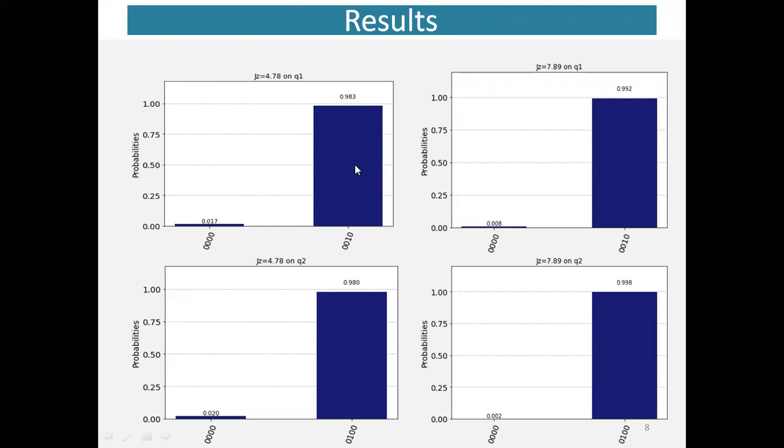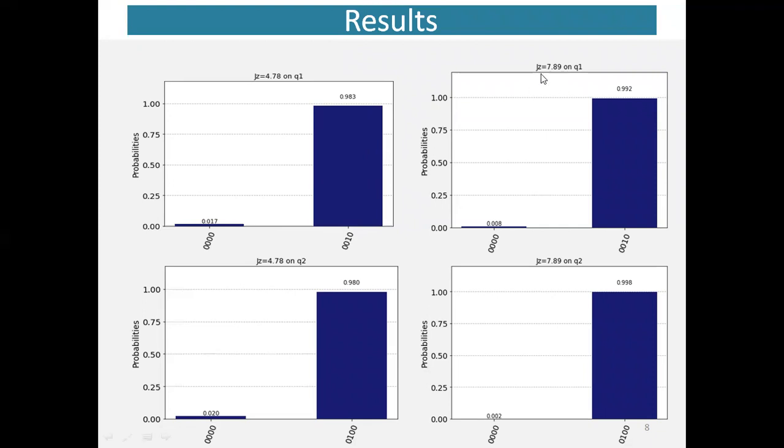You see the probability of the message getting transferred from the input qubit to the first output qubit. You see this 1, 0 here. This is the control qubit, this is the second output qubit, and this 1 here is the first output qubit. The message got transferred to it with the probability of 0.98.